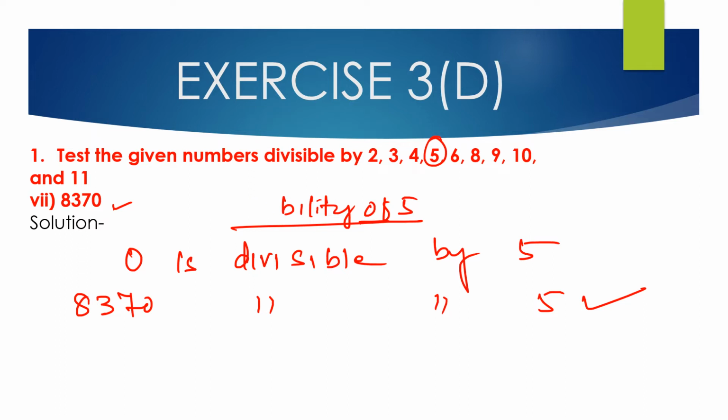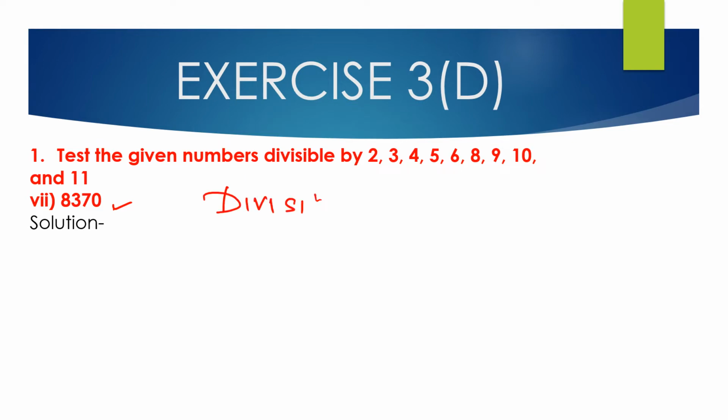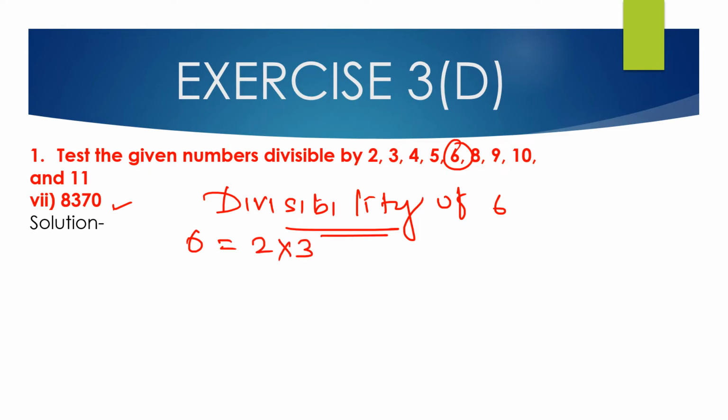Now we will check whether the number 8370 is divisible by 6 or not. Divisibility of 6. We know 6 is the product of 2 and 3, 6 is 2 multiplied with 3.